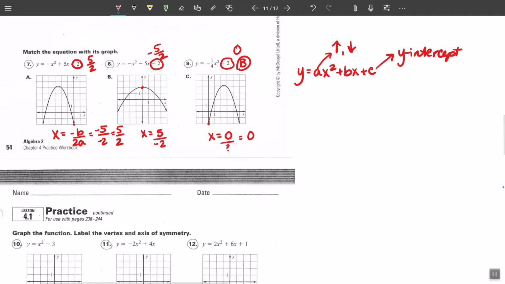We can look at, then again at A. So here we have our vertex for A. It's this topmost point right here. So our mirror is running down through that. And we can see that as we cross this x-axis, we are crossing at -2.5. So that matches with our axis of symmetry that we calculated for number 8.